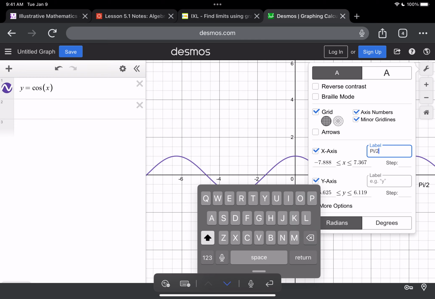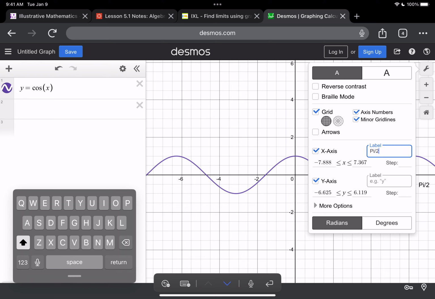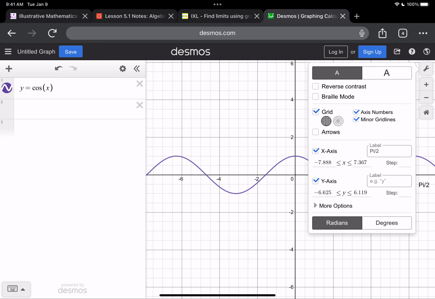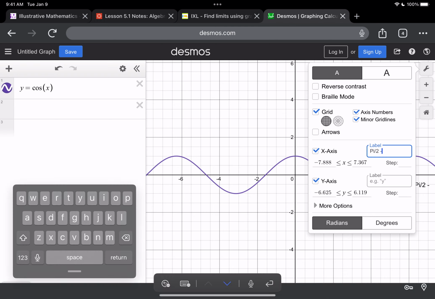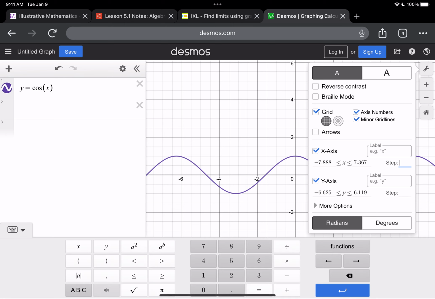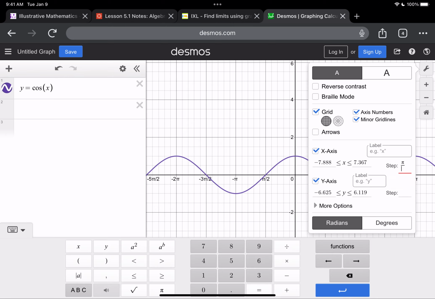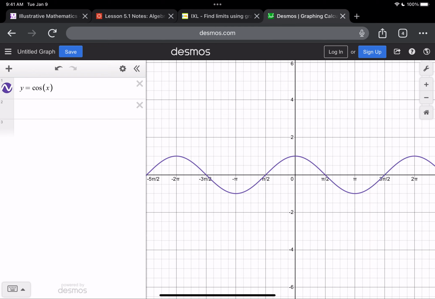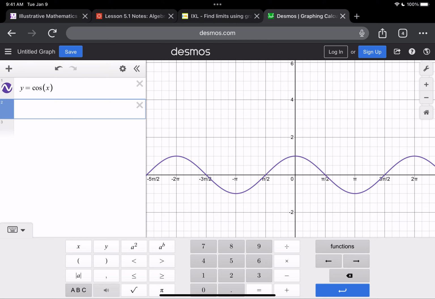Oh, sorry, I put it in the wrong spot. That's the label. Whoopsies. It's supposed to be right here. Pi divided by 2. That way we can actually see the values on our graph. Okay, cool, done.